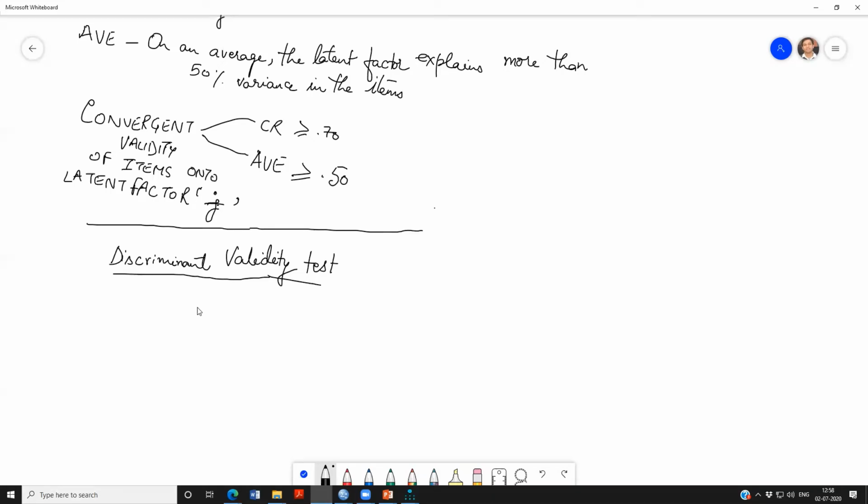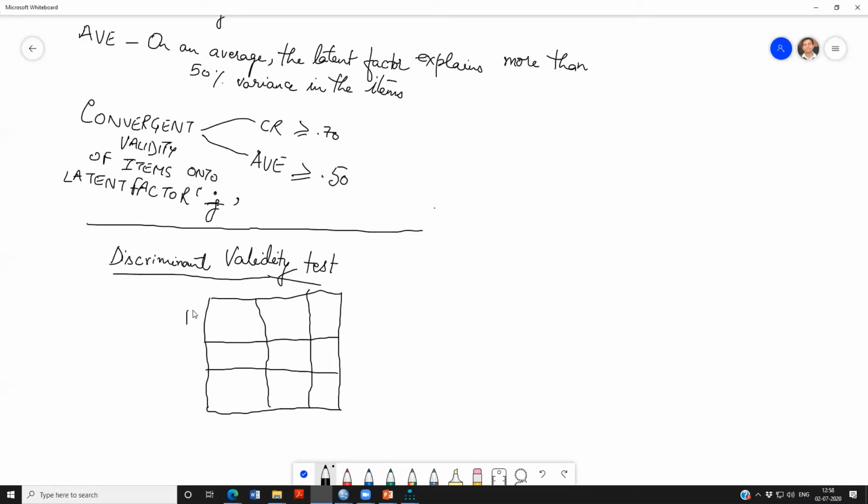It says that if I have three dimensions here, so I have my three factors F1, F2 and F3.